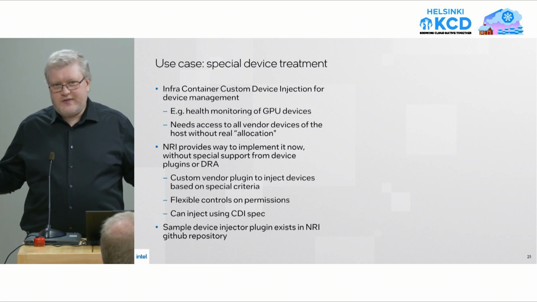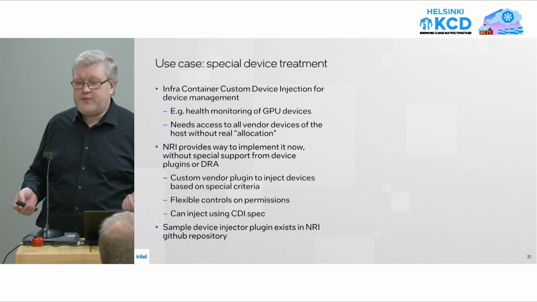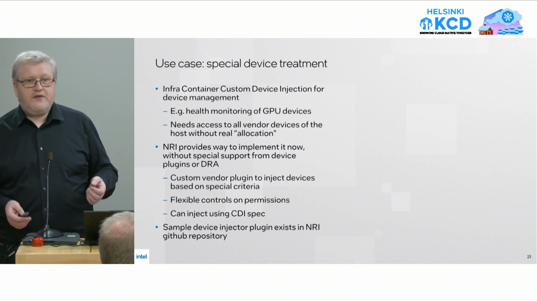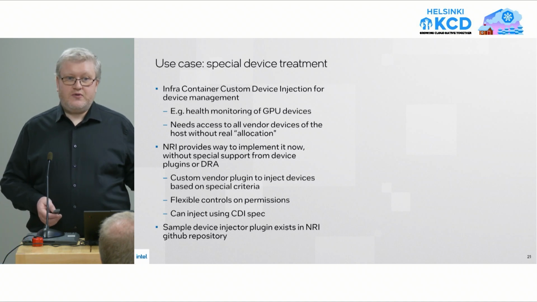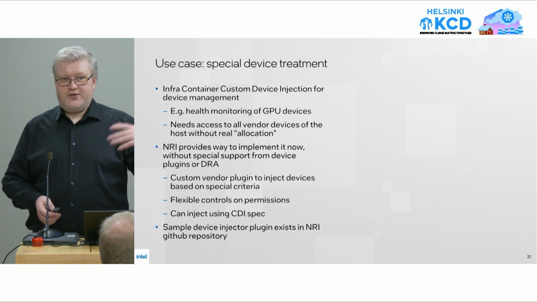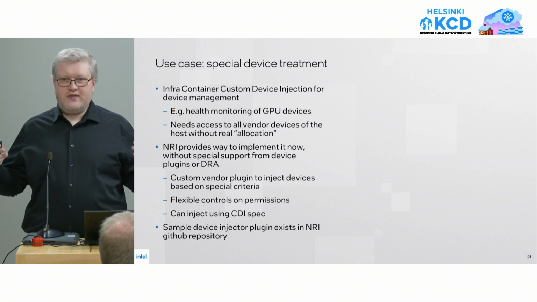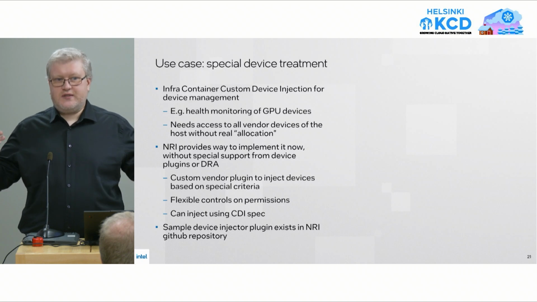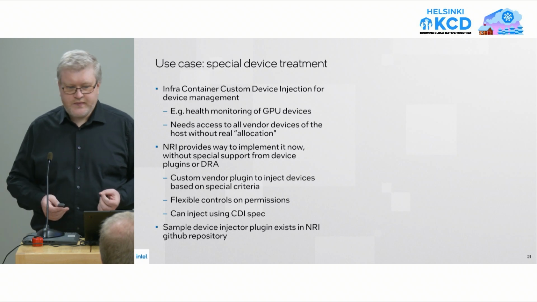It took some time to implement in upstream. But as a stopgap solution, our colleagues from NVIDIA implemented a custom NRI plugin which, based on specific criteria, injects access to all of the GPUs.